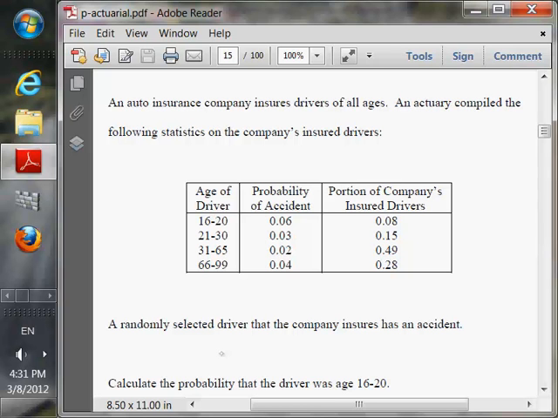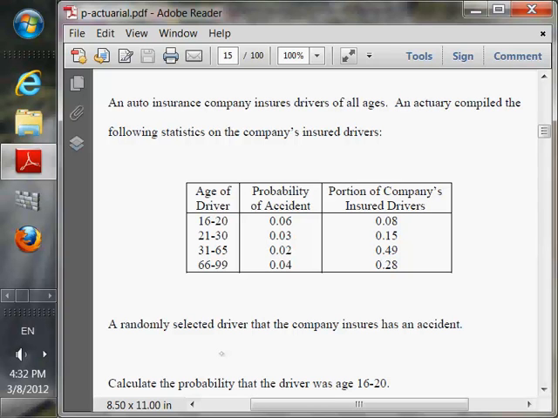So if I want to ask you the question, find, using this table, the conditional density of y given that x takes the value 1. What does it mean x takes the value 1? What is the age group? 16 to 20. If I say find the conditional density of y given that x has taken the value 1, what are the values that you need to give me?